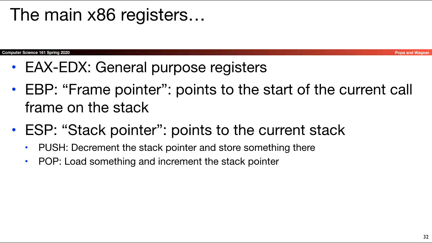If you pop from the stack, you read from memory at the location specified by ESP, and then you increment the stack pointer to move it back up. Okay, so that's how pushes and pops work. And then EBP points to the start of the current call frame on the stack. Think of that as the start of the place where you would have things like local variables.